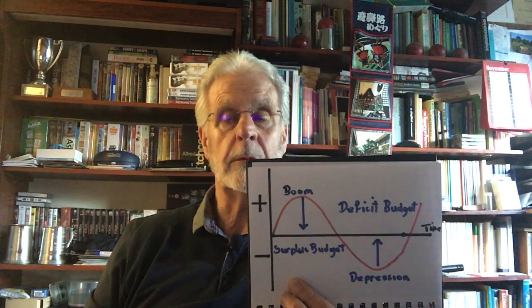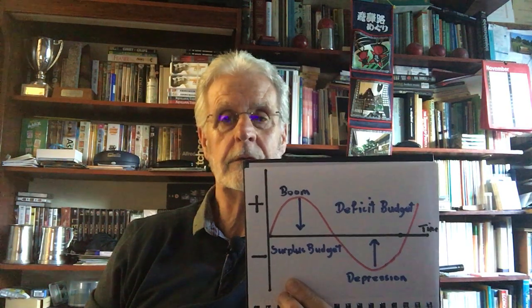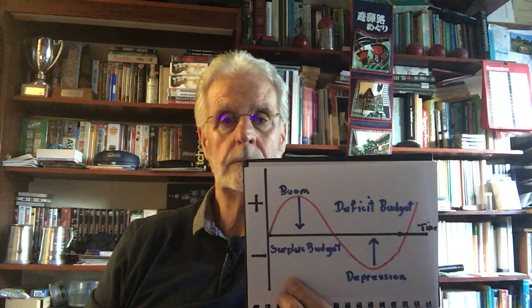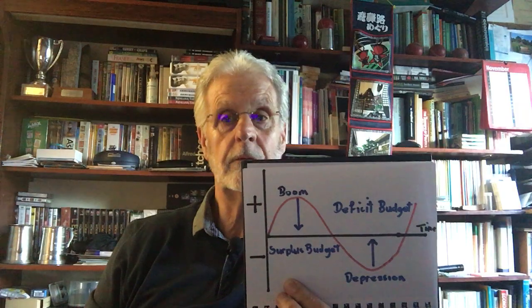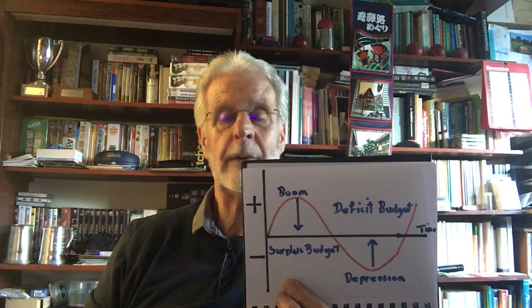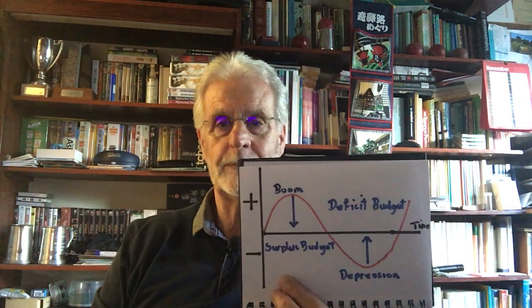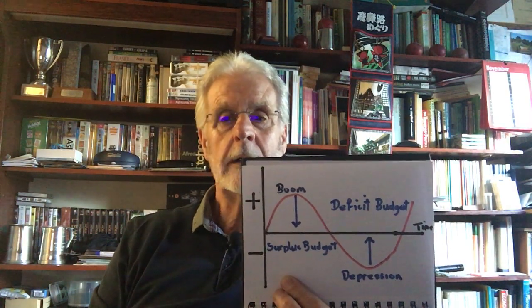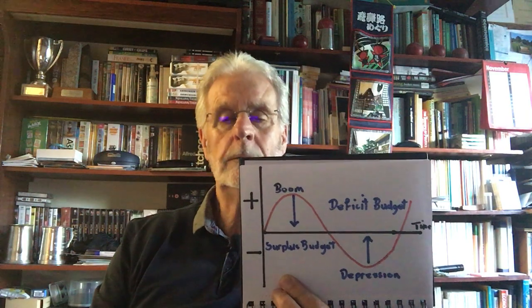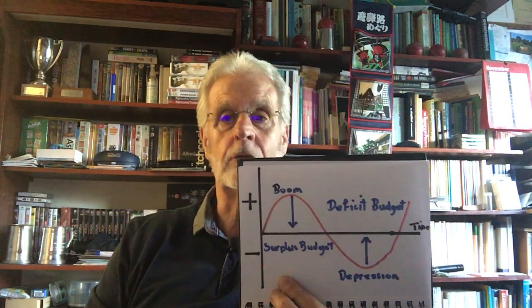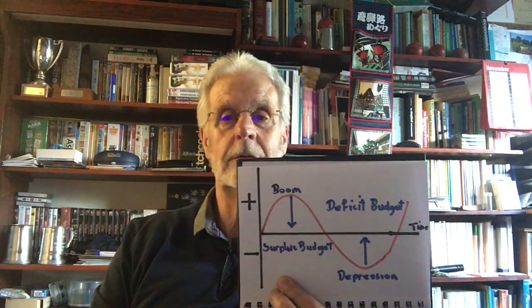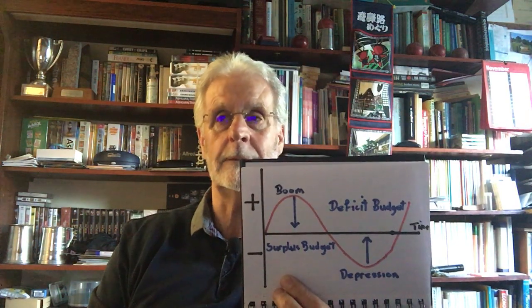As you move into depression, unemployment rises, incomes fall, tax revenues fall, and governments spend less. Keynes said, let's do the opposite of that. Why don't governments spend more when the economy is contracting and less when the economy is expanding?